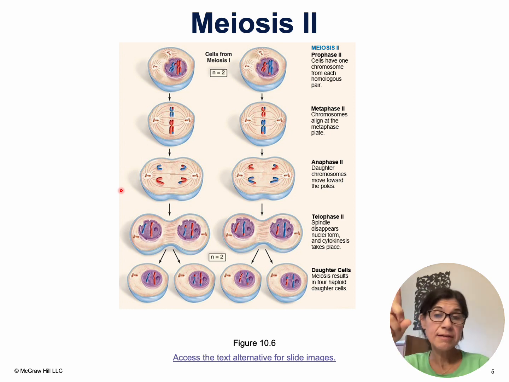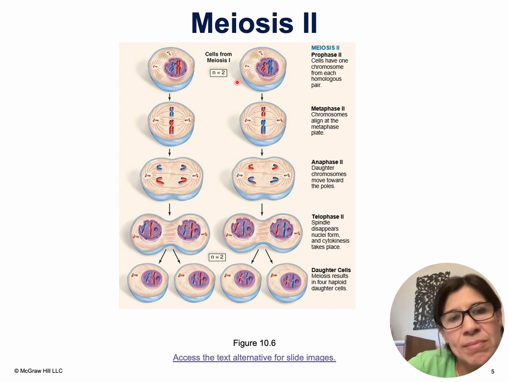So the first division is referred to as the reduction division, and that's when all the genetic variation occurs. The second meiosis, meiosis 2, is exactly the same as mitosis, except we're starting with 23 chromosomes instead of 46, but we also end with 23 chromosomes.